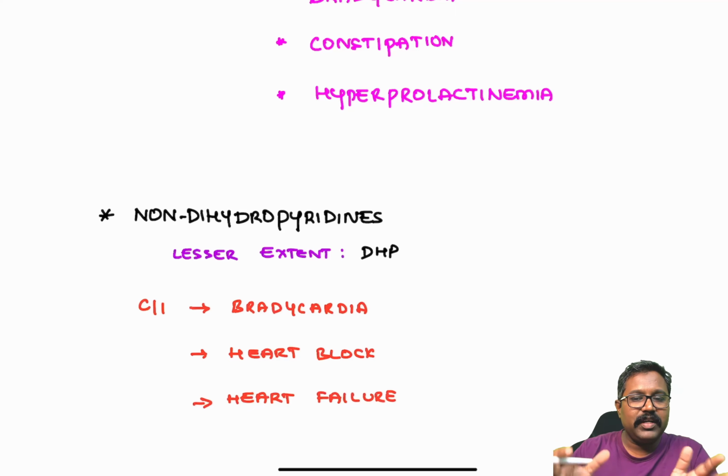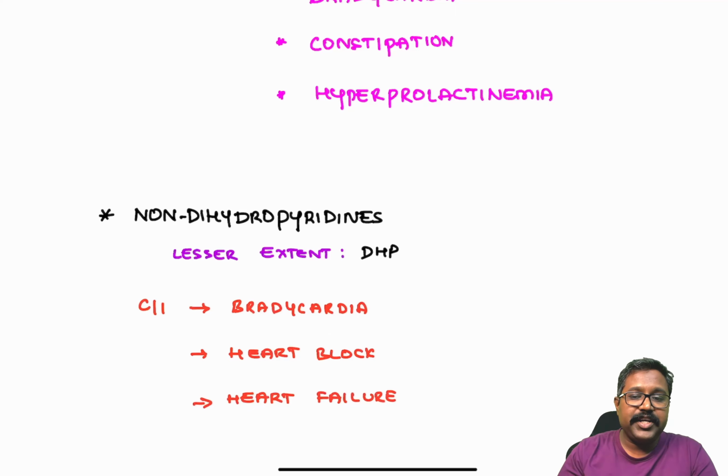The side effect profile mainly includes vasodilation, which causes hypotension. Apart from that, non-dihydropyridines reduce SA nodal activity and thereby conduction, so the main side effect is bradycardia. They also cause constipation and hyperprolactinemia.